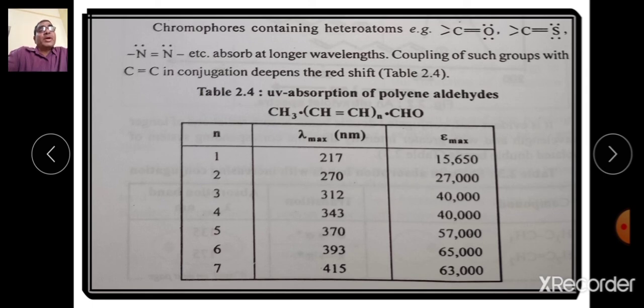When n equals 1, that is there is only one pi bond, the value is 217, and where there are two double bonds in conjugation, the value is increased to 270. Also the Emax value keeps increasing as the value of n increases. Okay, as n increases, lambda max increases, and also the intensity increases.